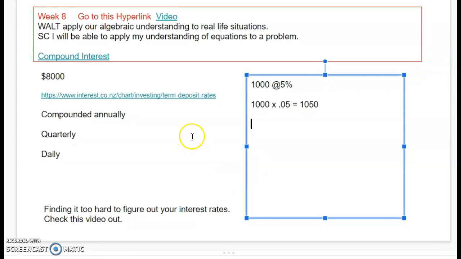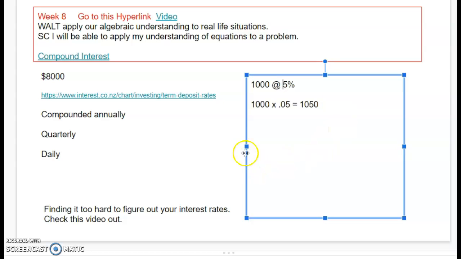Okay, so you're going to be calculating using $8,000. For the purpose of this exercise, I'm just going to work with $1,000 because it's just an awful lot easier for calculation purposes and for you to see how it works. So compounding annually is really easy. $1,000 multiplied by 5%, which becomes 0.05 when you write it as a decimal, would equal $1,050 by the end of the year.